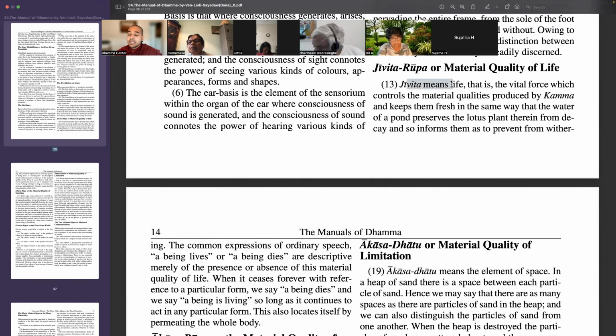Page 13. Jivita means life. That is the vital force which controls the material qualities produced by karma and keeps them fresh in the same way that the water of a pond preserves the lotus plant therein from decay, and so prevents them from withering.